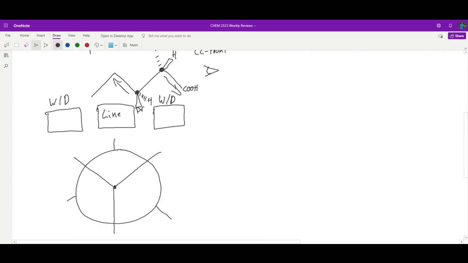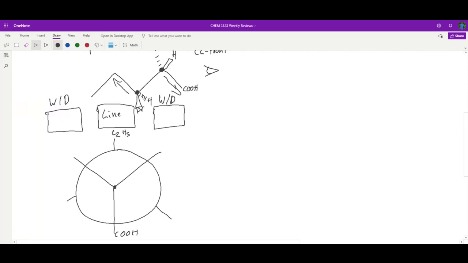The front carbon is bonded to a carboxylic acid, so it can either be written like this or drawn out with the carboxylic acid. So just be aware to recognize both. And then my back carbon is bonded to an ethyl group, which is also written as C2H5 or CH2CH3. Either one works. I would recommend not writing the word ethyl or methyl and writing the formula instead.